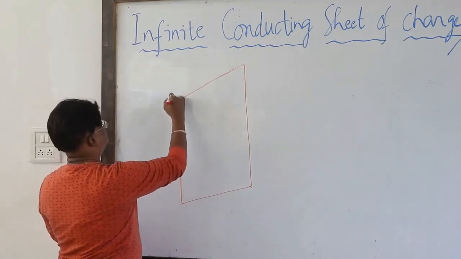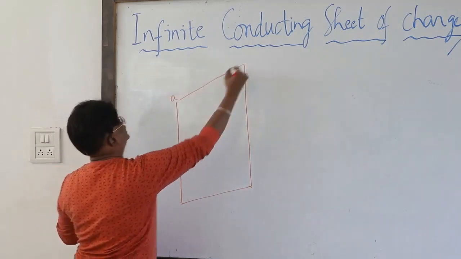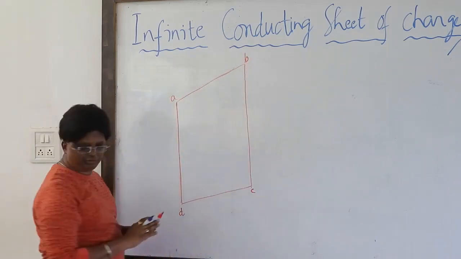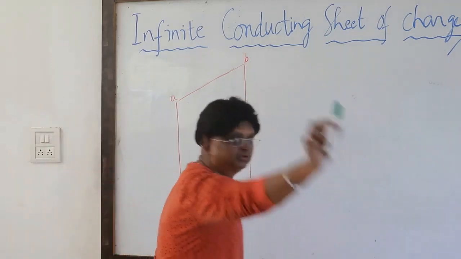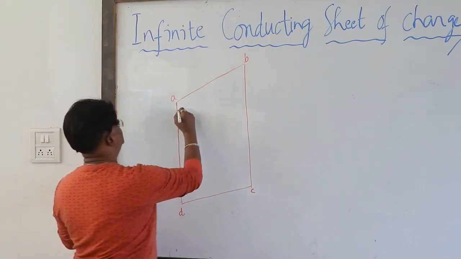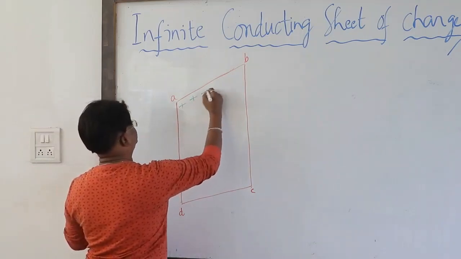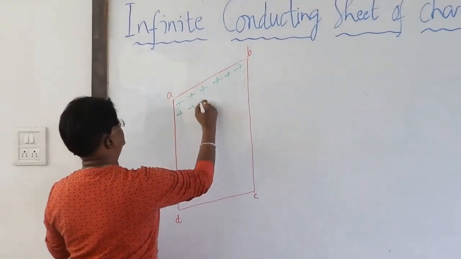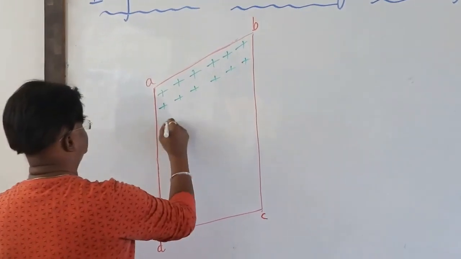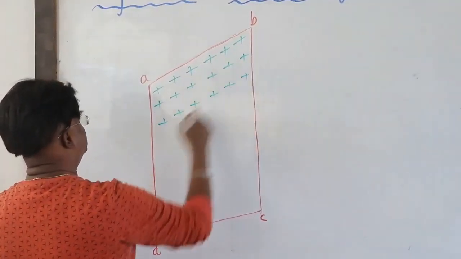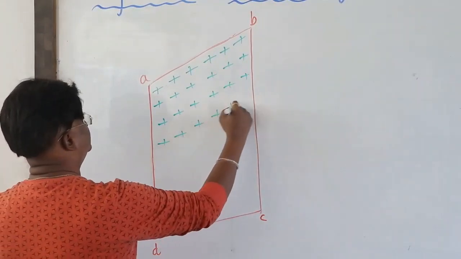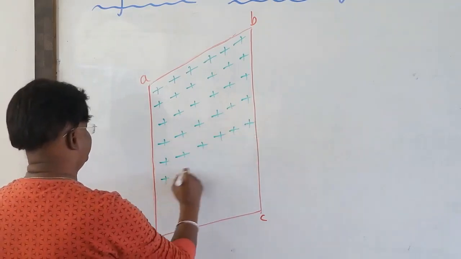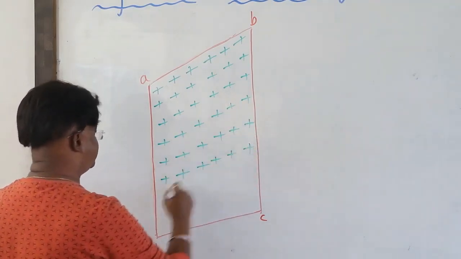I will call this A, B, C, D. And this is what I am showing as the charges, green one. Supposing this is a conducting sheet and charged positively. This is the positive charge distribution, right? And this distribution is uniform such that the surface charge density is sigma. This is the terminology that we have introduced already.